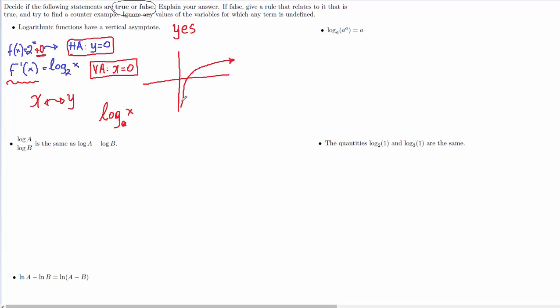It's a slowly increasing function that is asymptotic to the y-axis. So the vertical asymptote for the logarithm function is x equals 0.